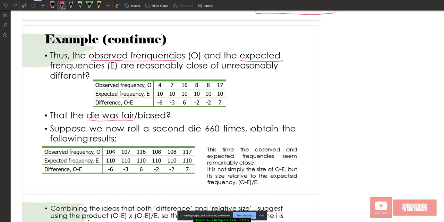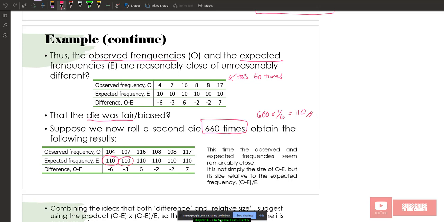Now, since you have already calculated the difference between the observed and expected frequencies, this is when we toss 60 times. If we toss 660 times, we will obtain bigger numbers. But the expected frequency will remain in proportion: 660 multiplied by 1/6 gives 110.